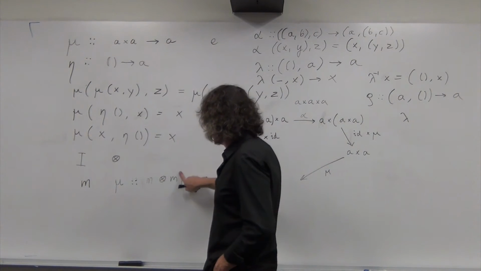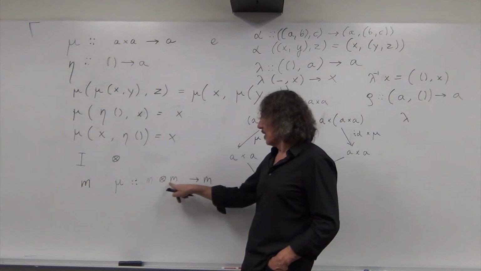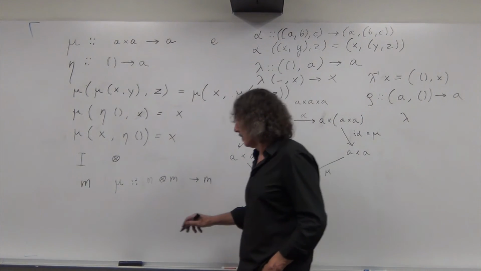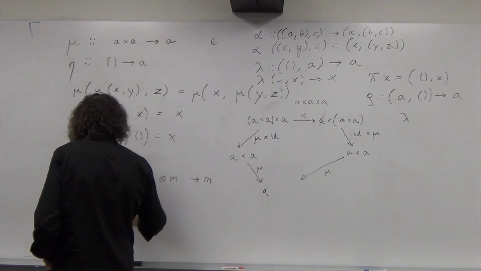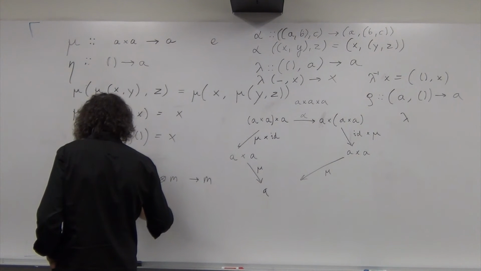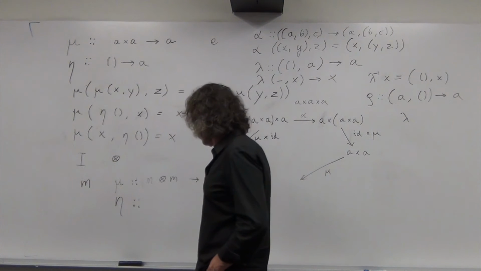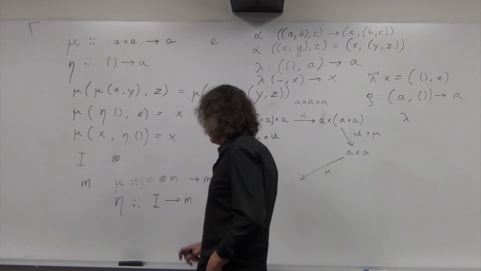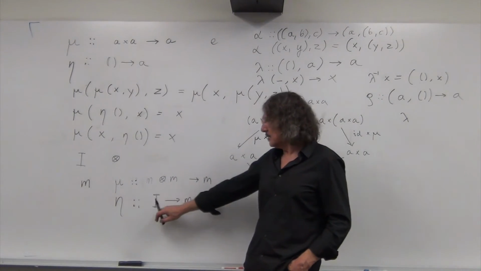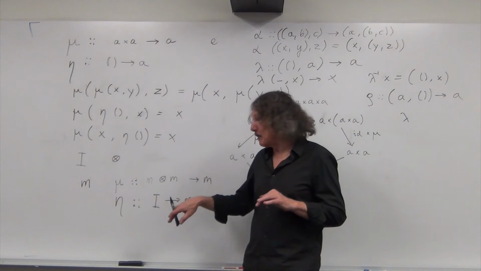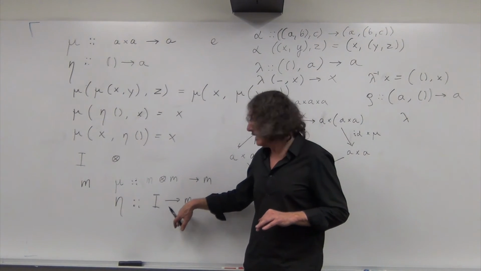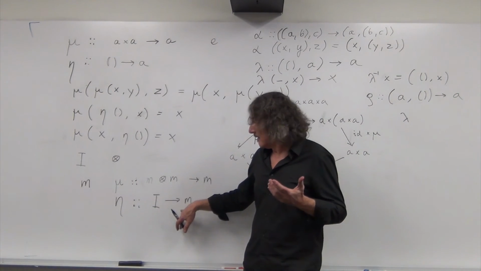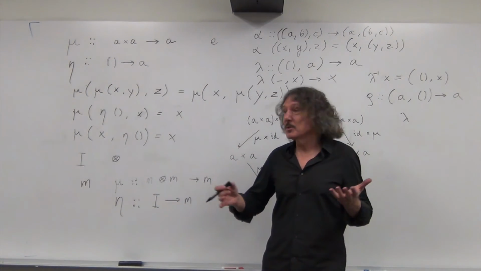So mu goes from M tensor M to M. And eta, which used to go from a terminal object, now goes from I to M. So this one generalizes the idea of picking a unit element in M. This is how you can think of it, except that I can now be much more general.